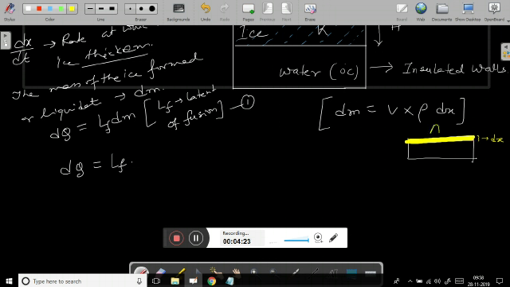This is the volume of the ice, this is the area, and this entire thing is volume into density.